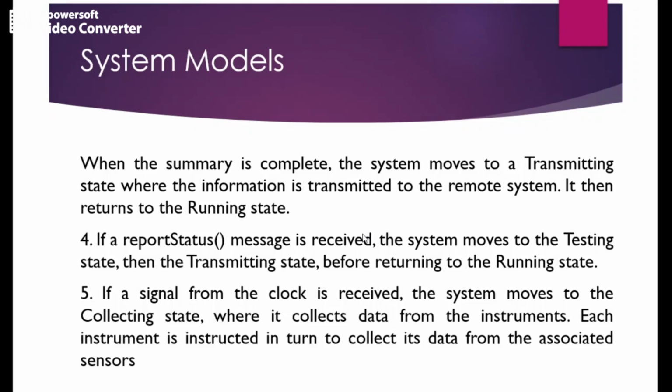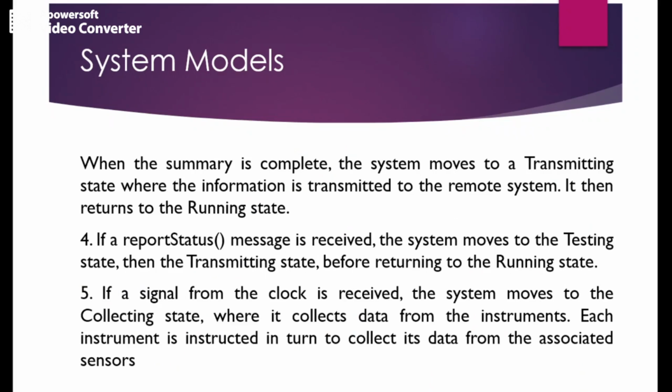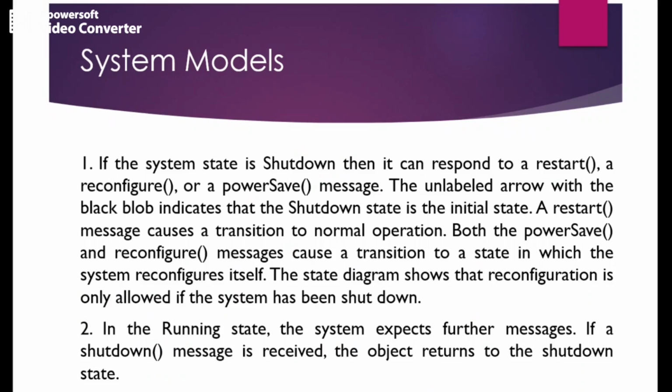That is from the running state to the testing state. And then what happens? Once the testing is complete, test complete, it moves to which state? Transmitting state. It moves to transmitting state, before returning to the running state.